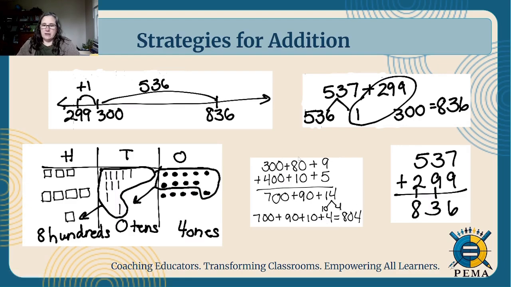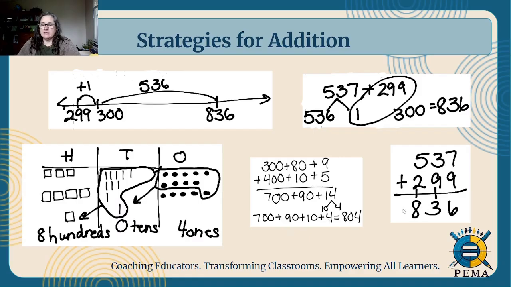This middle one on the bottom row is the standard algorithm thinking, but it's done with numbers written out in expanded form. You also might notice there's an extra step in here where I break apart or decompose 14 into 10 and 4, which helps me see when I add that I have 700 plus 100 that I can compose from the tens in the middle, plus 4 to get 804.